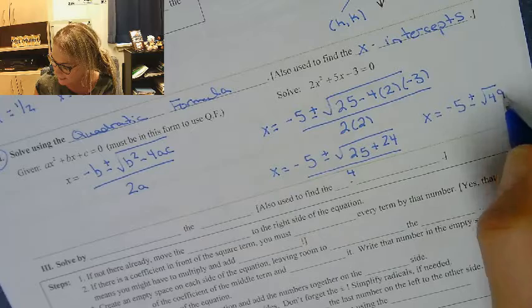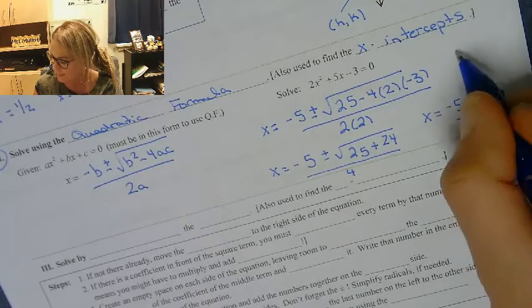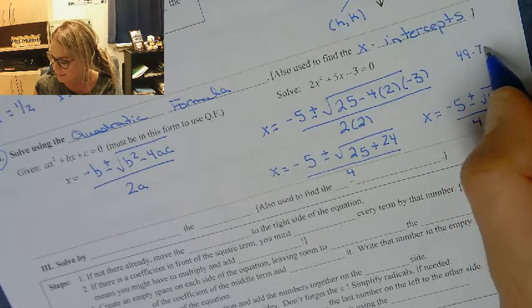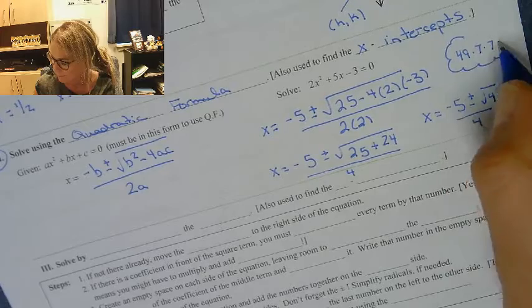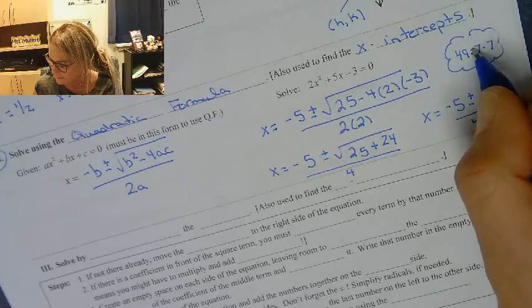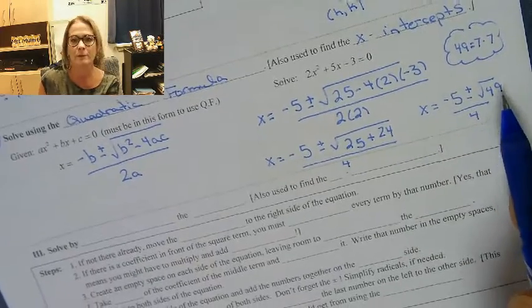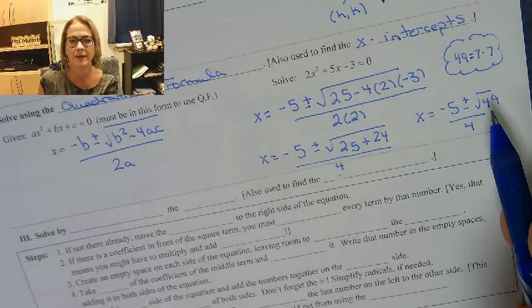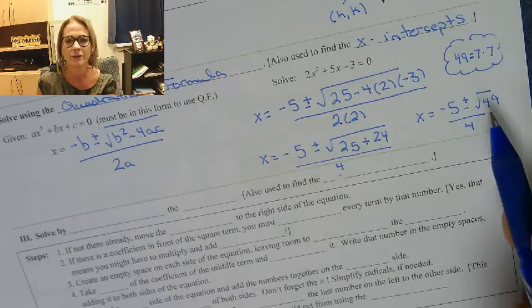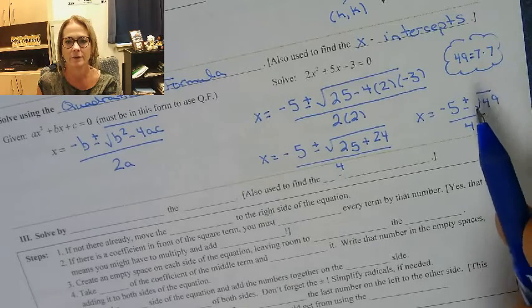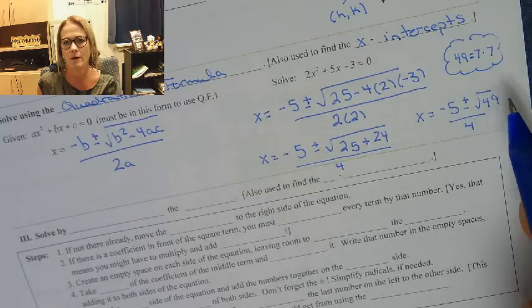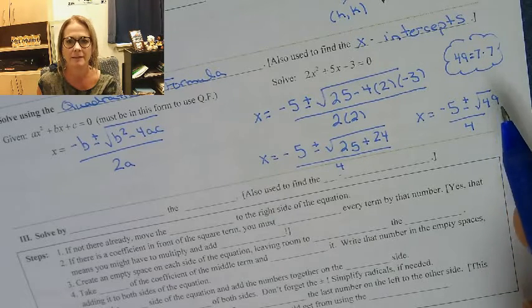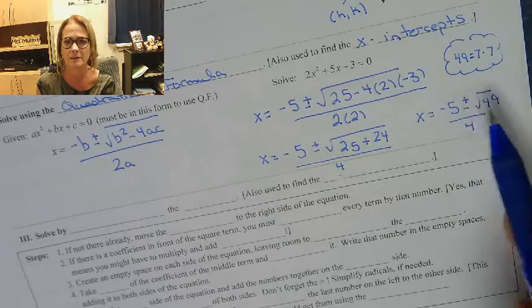Now notice that is a perfect square. 49 is 7 times 7. That's just my little thought bubble. So anytime you get a perfect square under here, that's a hint to you that this would have factored. If you get those perfect squares, the 1, 4, 9, 16, 25, and so on, that means, hey, it would have factored. But it's okay. You can still solve it out.